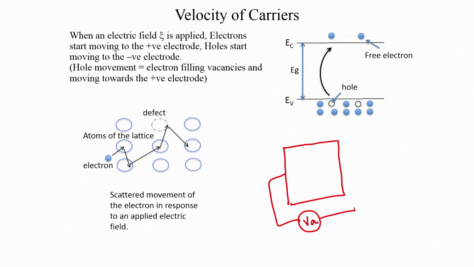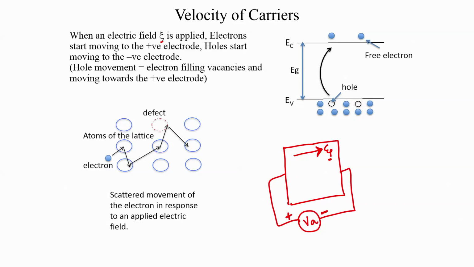We apply a voltage VA across the semiconductor crystal. Let us say that is the positive terminal of the battery, that is the negative terminal, and therefore this establishes a low electric field inside the semiconductor crystal. We will denote the electric field by this symbol, and it is a weak electric field inside the semiconductor crystal.